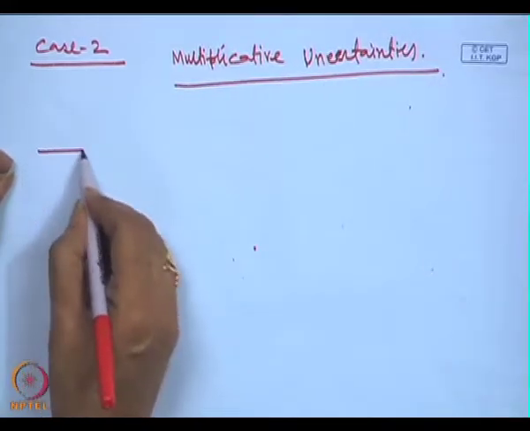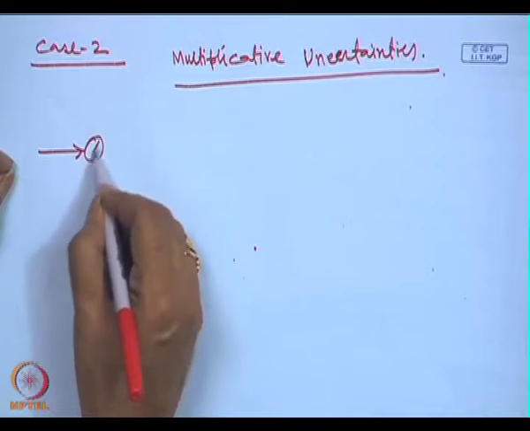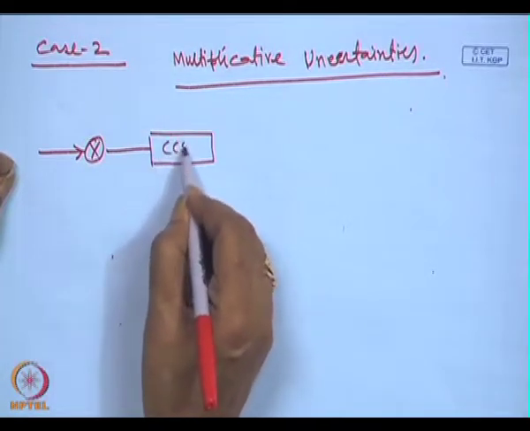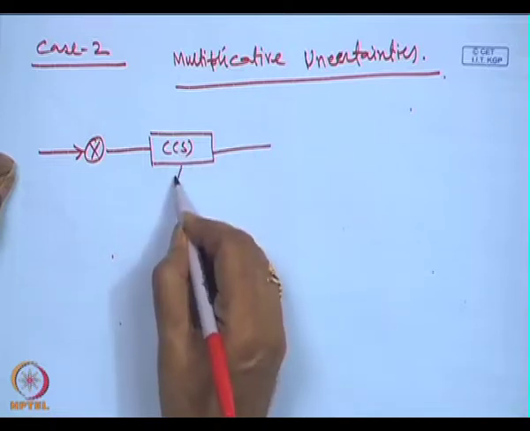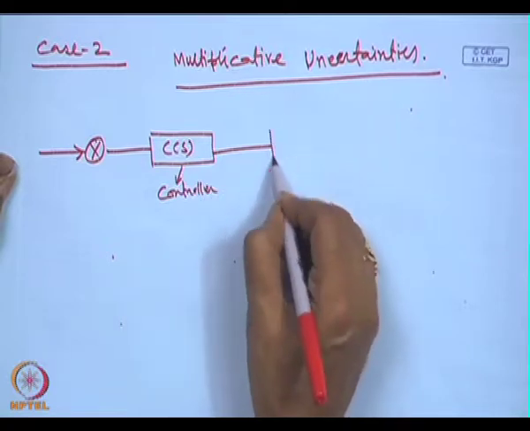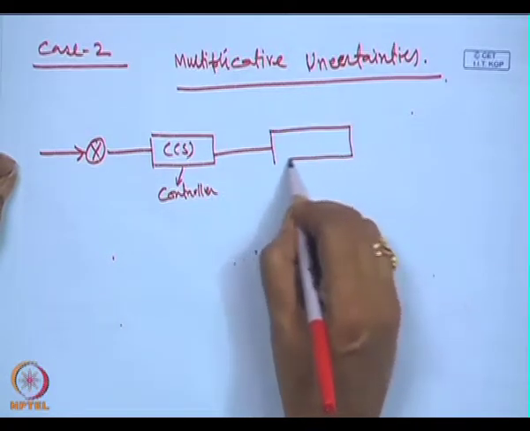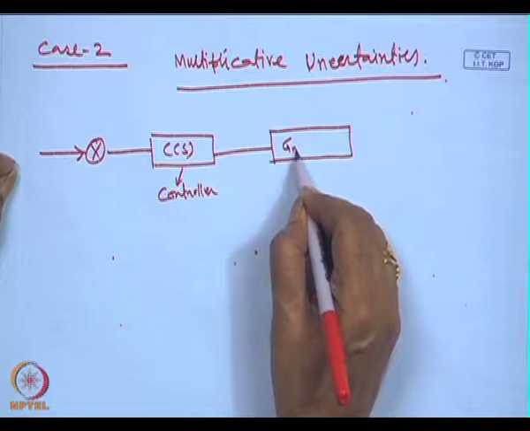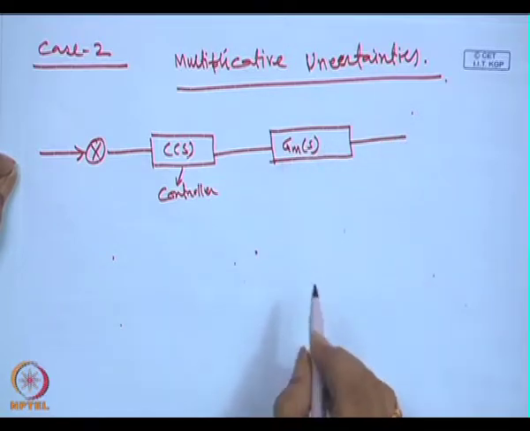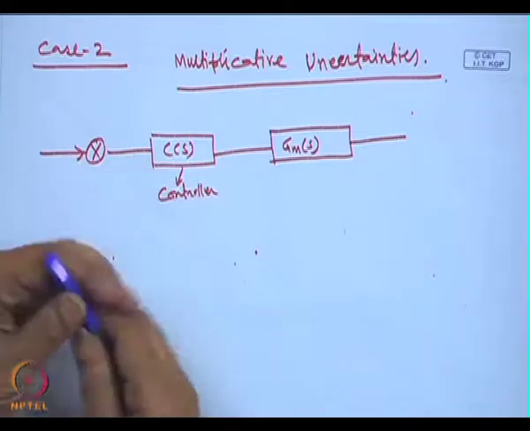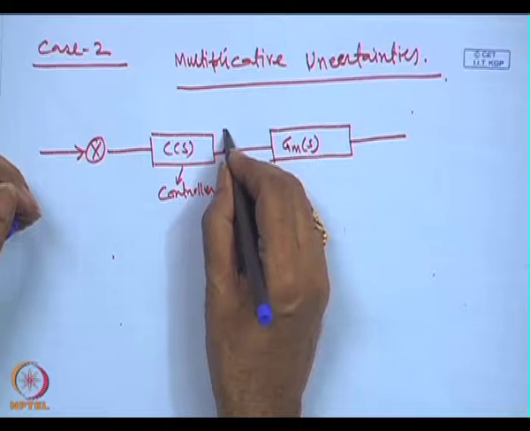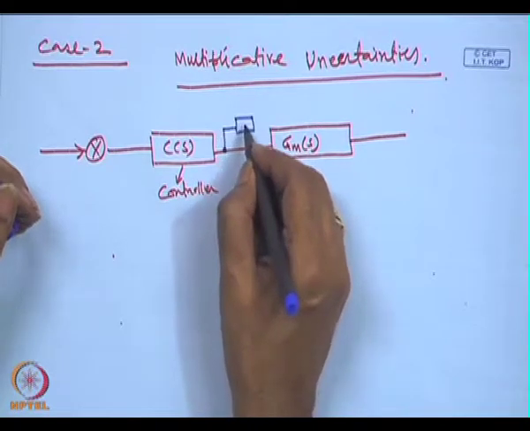So, once again we draw the system. This is our controller, and this is our plant model, and we compensate the discrepancy between the plant model and the actual plant by using what is called a multiplicative perturbation.